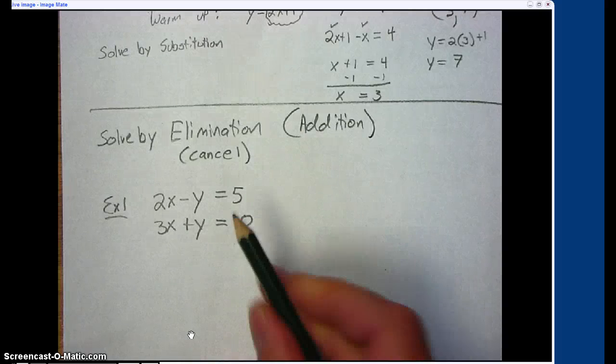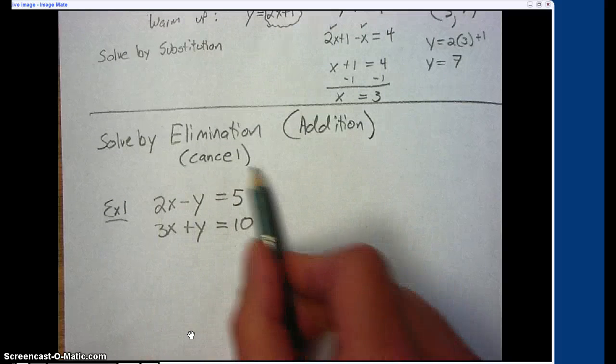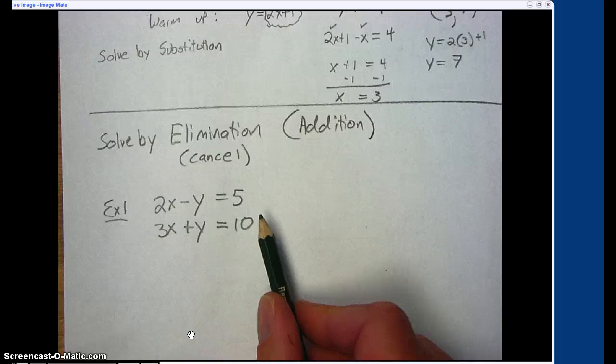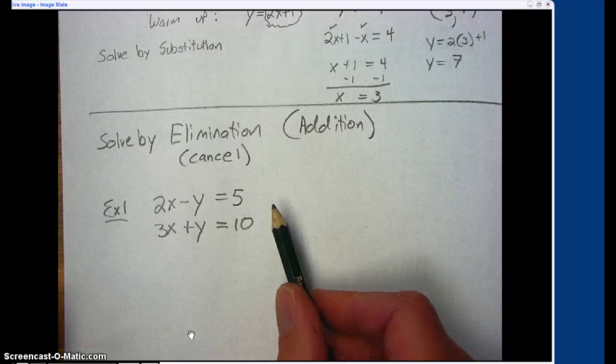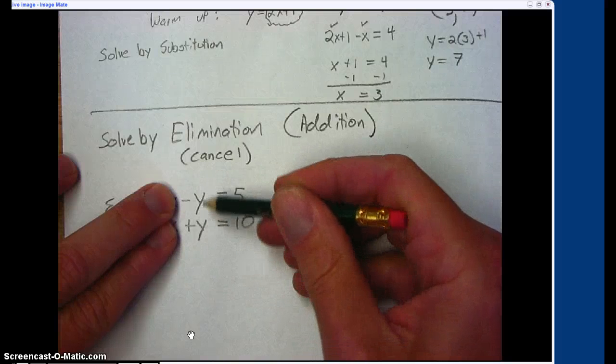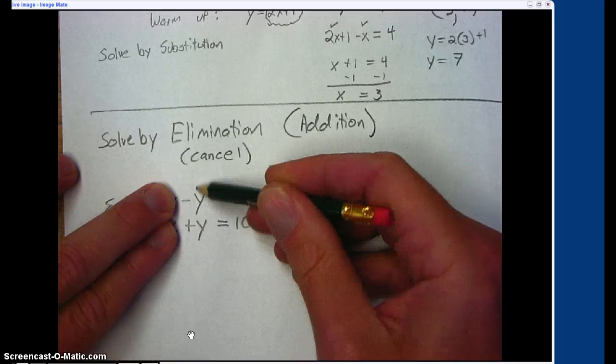Do you see how you don't have either variable isolated? See how they're not isolated? We'd have to do some work. But watch this. What do you notice about these two right here? Don't these two right here cancel each other out, like if you think about it?